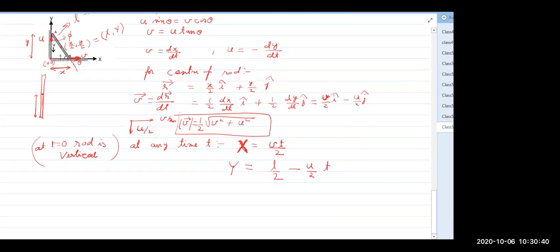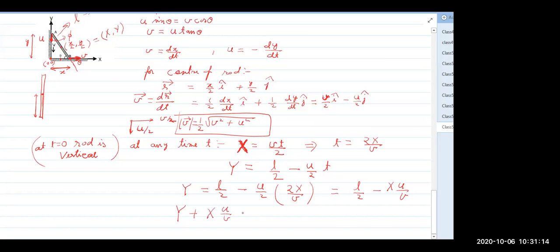Now we can eliminate the time. If you replace the time, we will get the relation between y and x. So y equals L by 2 minus u by 2 t, and t will be equal to 2x by V. So we get y equals L by 2 minus x u by V, or y plus x u by V equals L by 2.